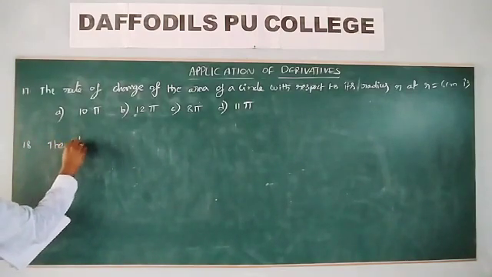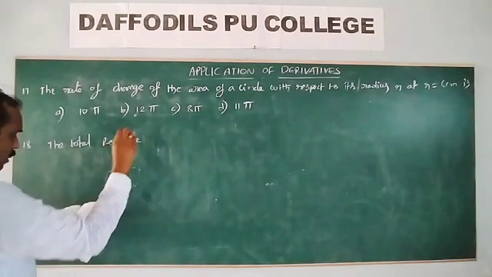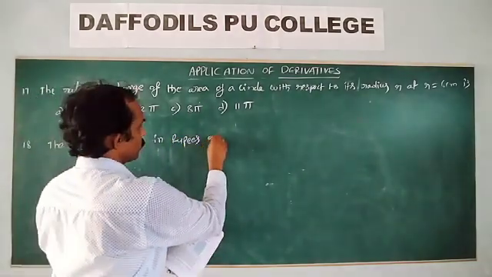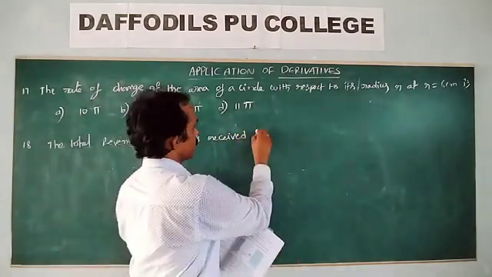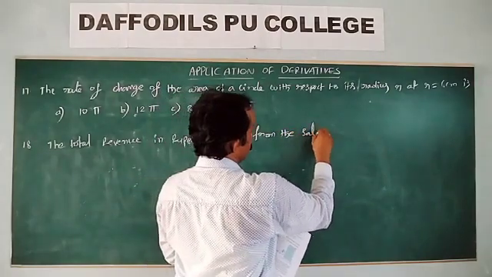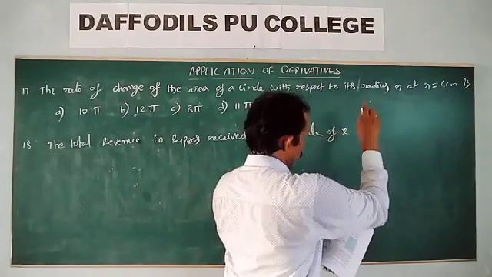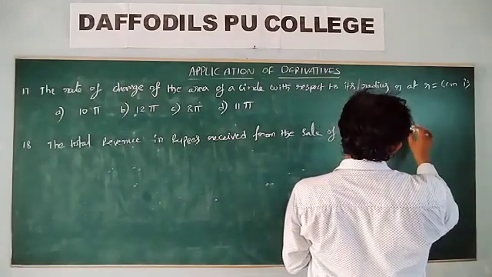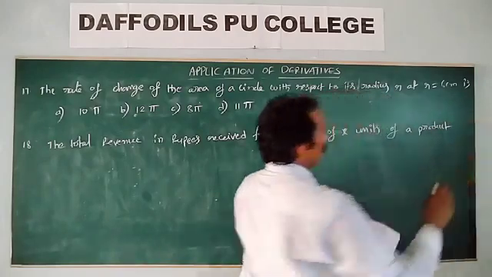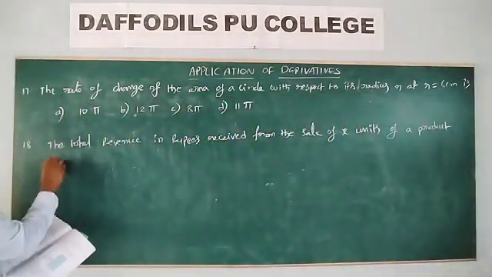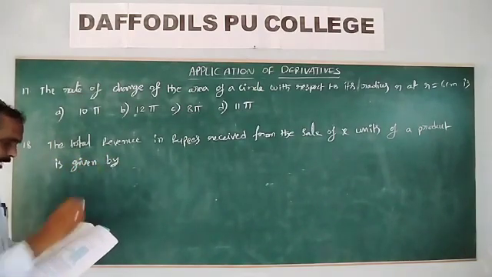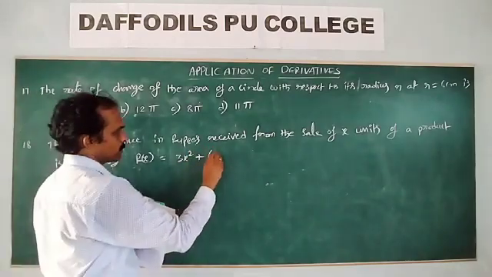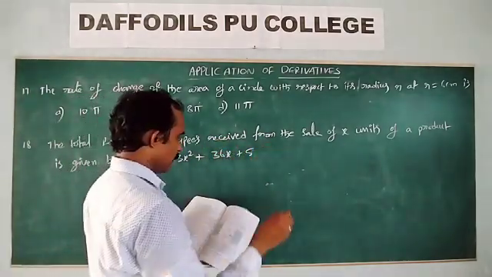The total revenue in rupees received from the sale of X units of a product is given by R of X is equal to 3x square plus 36x plus 5.